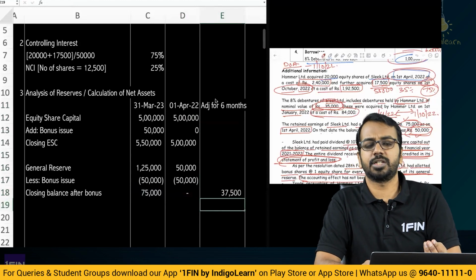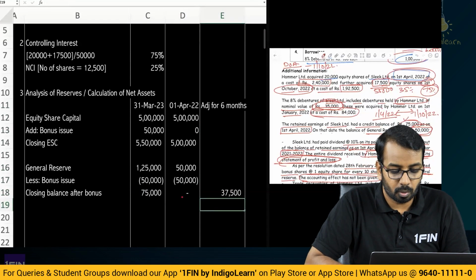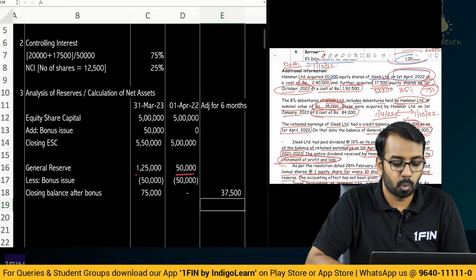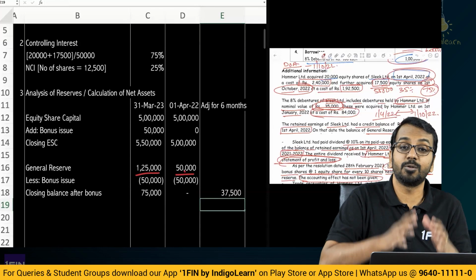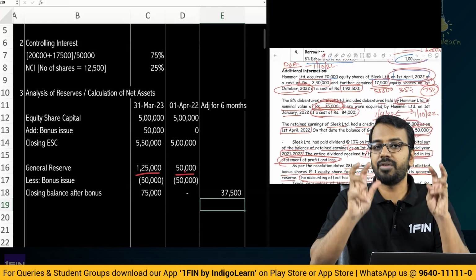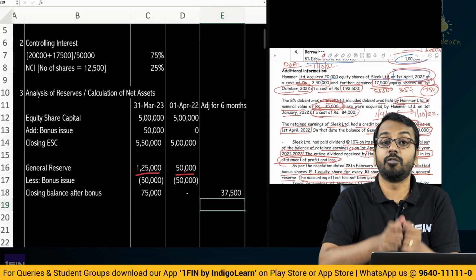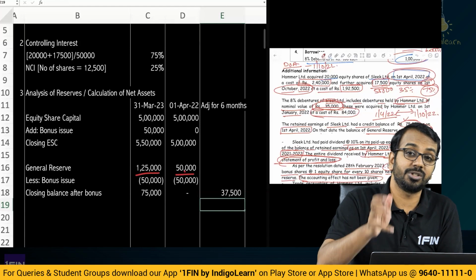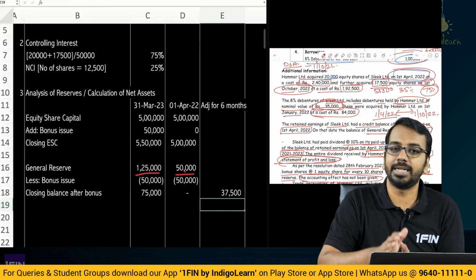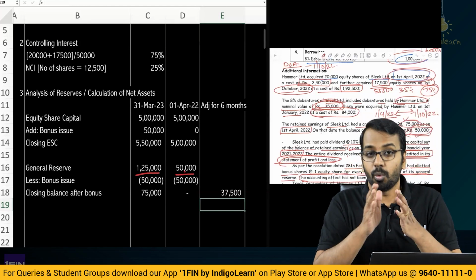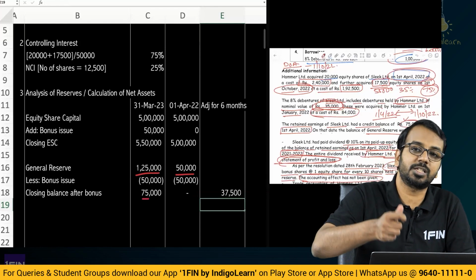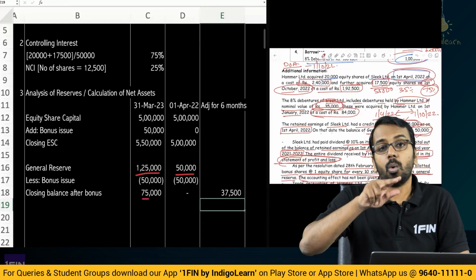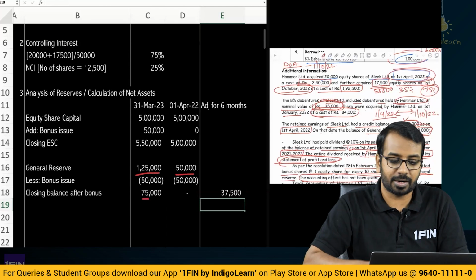What is this adjustment for 6 months? Please understand, on 1st of April, 50,000 is the opening balance, 1,25,000 is the closing balance. Means we have earned 75,000 for the full year, or we have transferred 75,000 to the general reserve for the full year. Now that entire 75,000 is not pre-acquisition, nor the entire 75,000 is the post-acquisition. What you have to do is, out of the 75,000, what we earned in the first 6 months is pre-acquisition, what we earned in the next 6 months is post-acquisition.